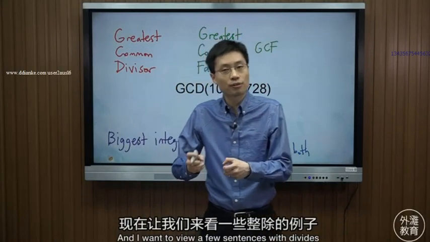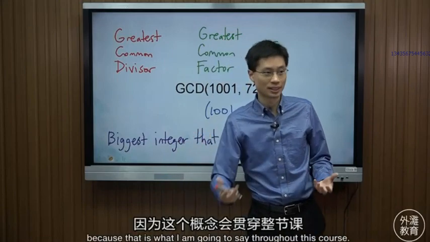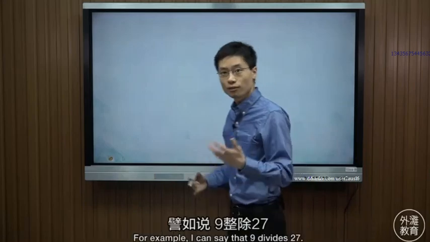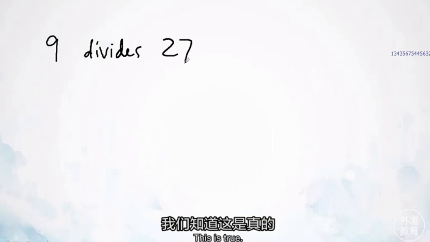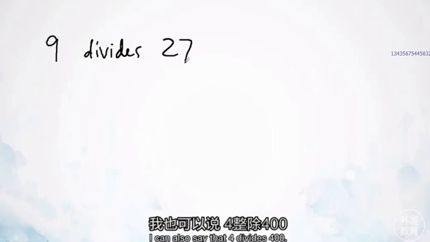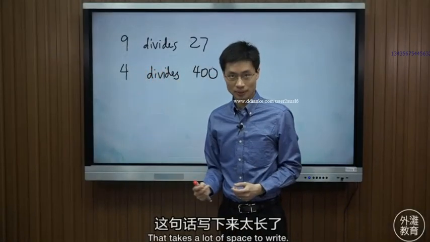And I want to do a few sentences with divides, because that's what I'm going to say throughout this course. For example, I can say that 9 divides 27. This is true. I can also say that 4 divides 400. And as you can see, this takes a lot of space to write.